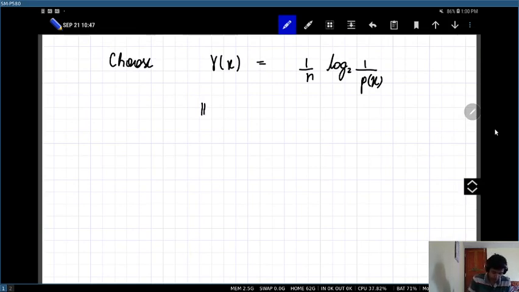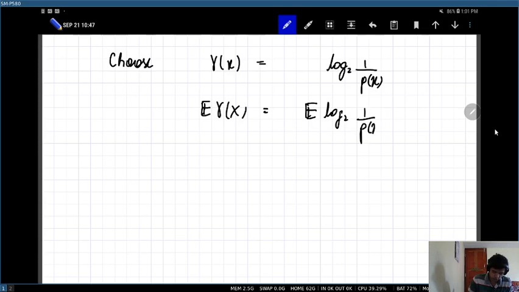What is the expected value of gamma equal to? So choose gamma of x to be log 1 over p of x. The expected value of gamma of x is the expected value of log 1 over p of x, which is the entropy of X, right?